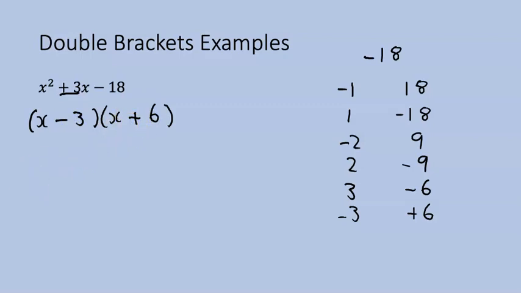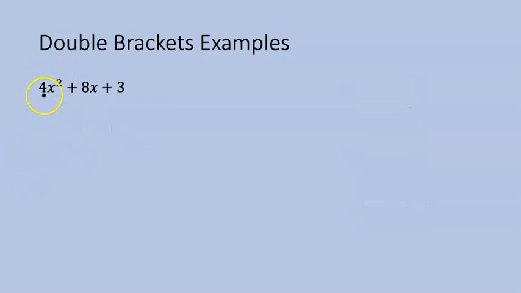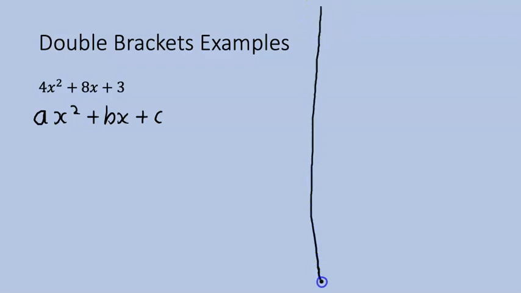Now I'm going to have a look at the case of what happens when we've got a number in front of this x. What do I do when I've got a 4? So like I was saying, we've got this expression here, and we've got it this time in the form of ax squared plus bx plus c. And again, on this right hand side here, I'm going to write down how to do it.